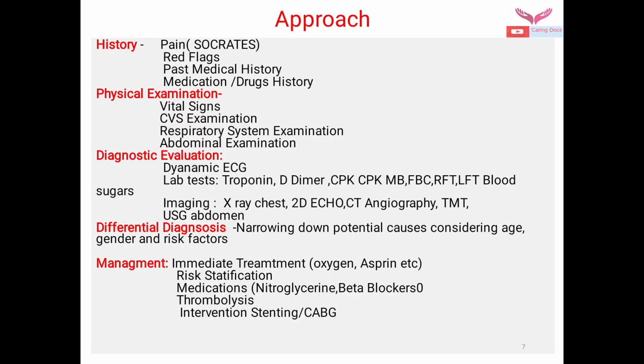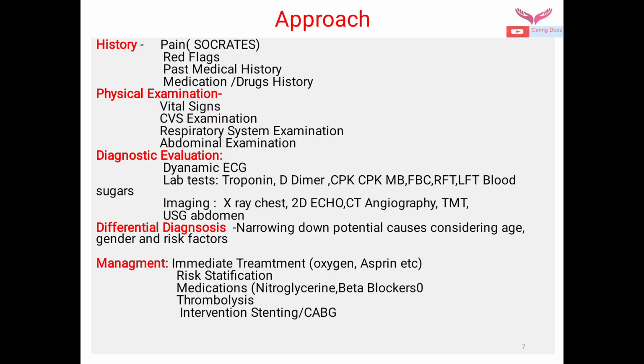Whenever a patient of chest pain comes to us, we have to take a proper history, do the physical examination, do diagnostic evaluation, and further make the differential diagnosis and manage. In the history we have a formula, SOCRATES, for the pain characteristics, which I will be discussing in my next slide. We have to see whether it carries a red flag, whether there is any past medical history, and what the medication or drug history is.